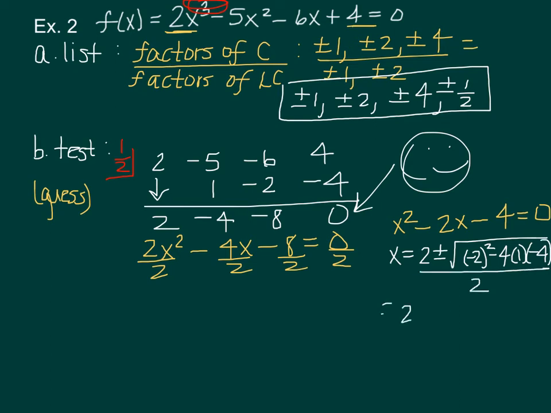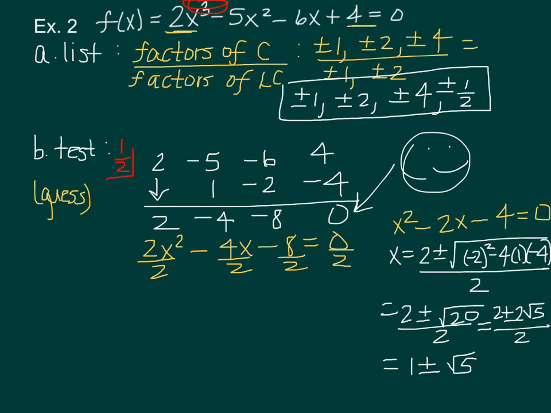So that'll give you 2 plus or minus the square root of 20 over 2. And you simplify that. 20 is 4 and 5. So 2 plus or minus 2 radical 5 over 2, which equals 1 plus or minus radical 5.